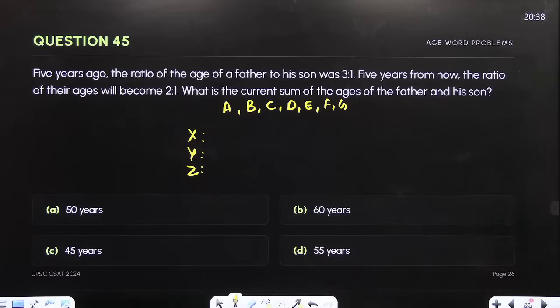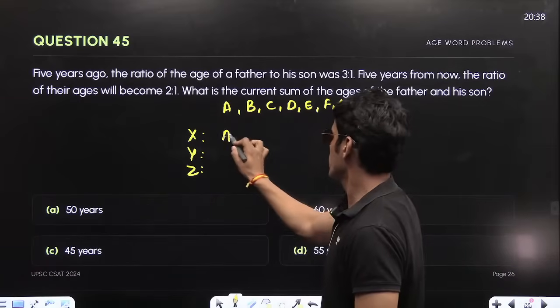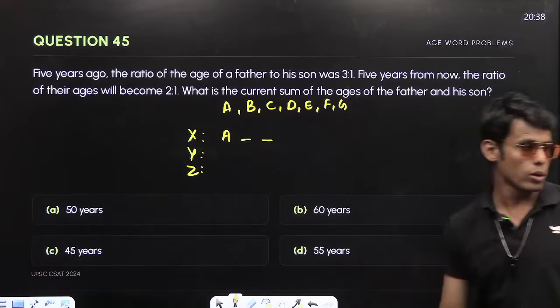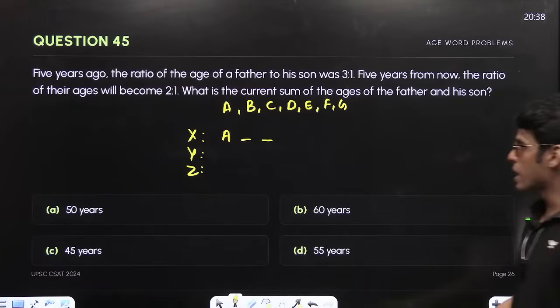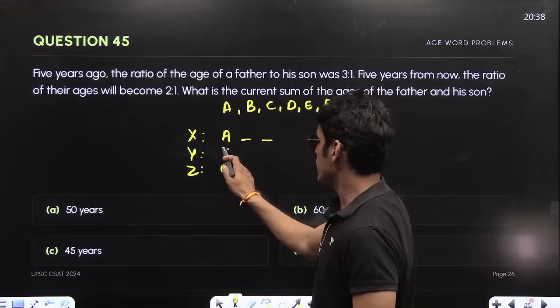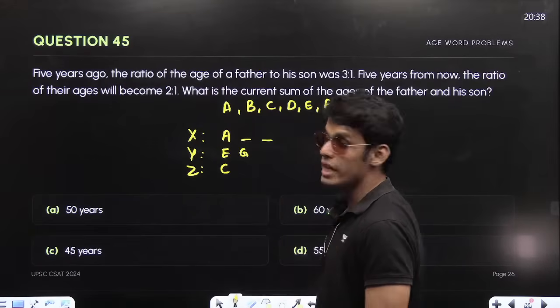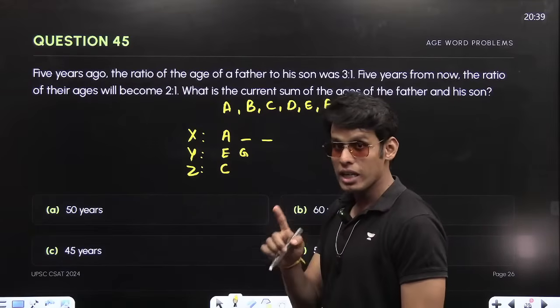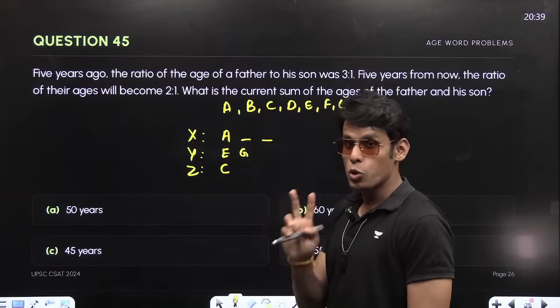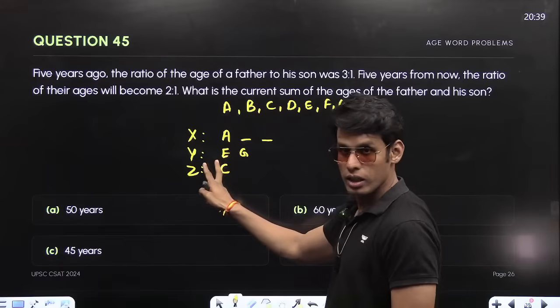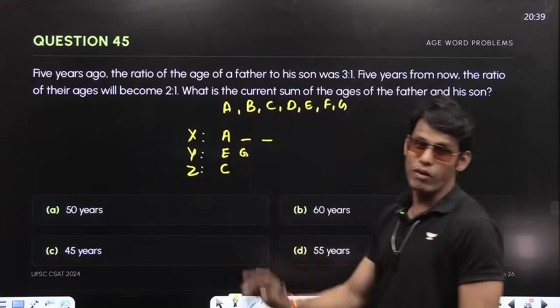A and 2 others travel by X. Only E travels with G. C travels by Z. Only E travels with G means G and E are 2 people in a car. Right? So they have to be in Y.